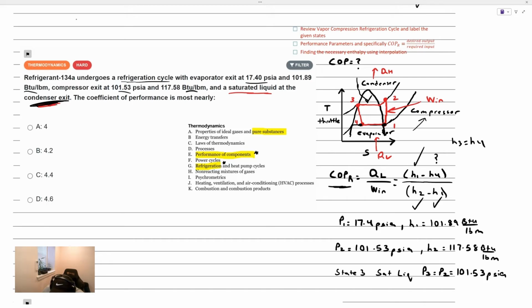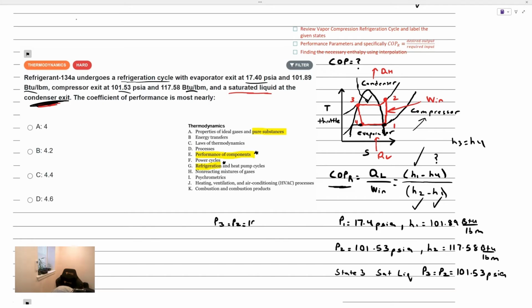Now, we know some things about state point 3. We know it's a saturated liquid, and we understand its pressure. So we know the quality is 0, and that's the saturation pressure we have. So we'd be able to find the enthalpy for state point 3, which is the same thing as enthalpy at state point 4.